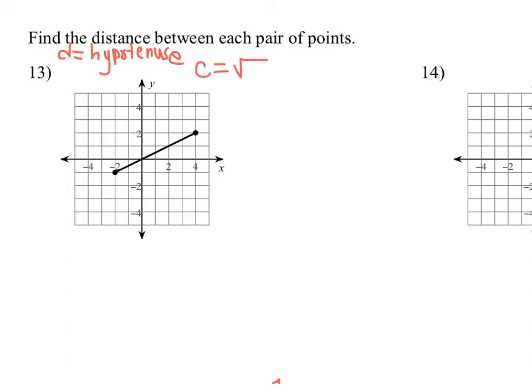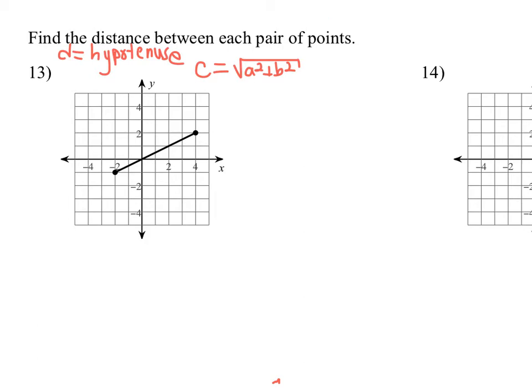So essentially we are looking for c, and we are calculating that by taking a squared plus b squared, which, remember, means that we're looking at a here. a is the horizontal leg of the right triangle that we're going to be able to draw off of the segment that we have, and then b is the vertical leg.